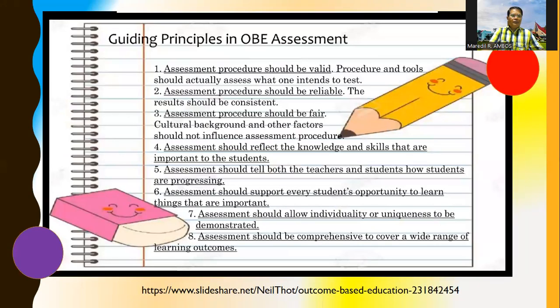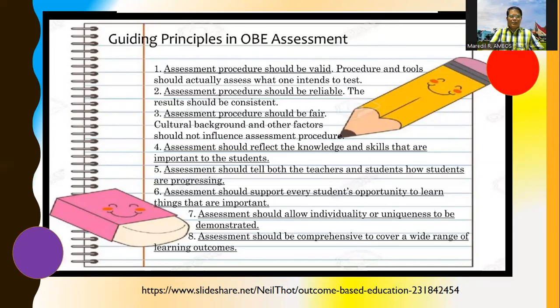We also have the guiding principles in OBE assessment. We actually have 8 here. The first one is that assessment procedure should be valid. Procedures and tools should actually assess what one intends to test. The second is that assessment procedure should be reliable, so the results should be consistent.